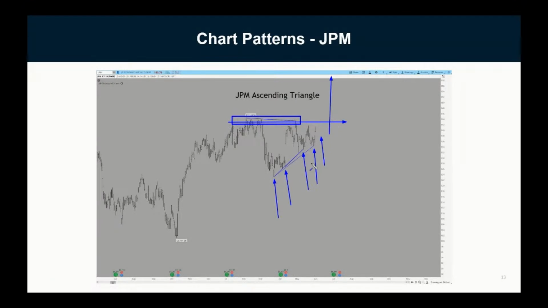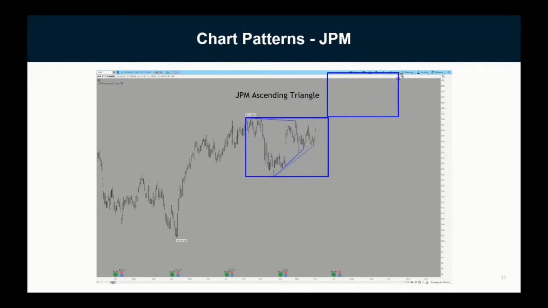So after you push up through the horizontal, there are two primary ways of assessing your target, one of which is a measured move, which would just take the swing high. You would measure that range, duplicate that drawing, and then project it to create, essentially, this is the range you're breaking out from.